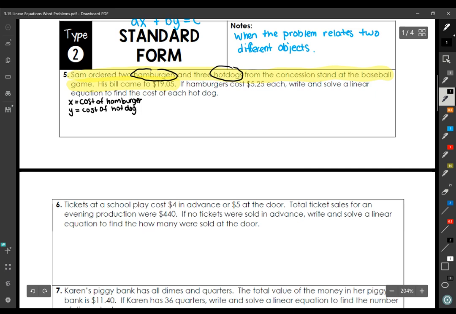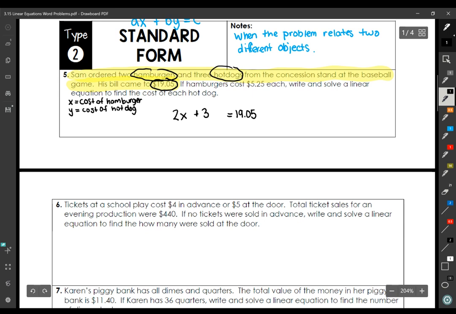Okay, now let's create our equation. So we know that total cost is 19.05. We know that we're going to have something equals 19.05. We know that he bought 2 hamburgers. So he bought 2, and the cost of a hamburger is X. He also bought 3 hot dogs.